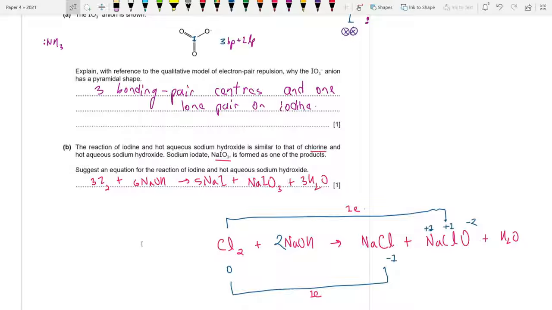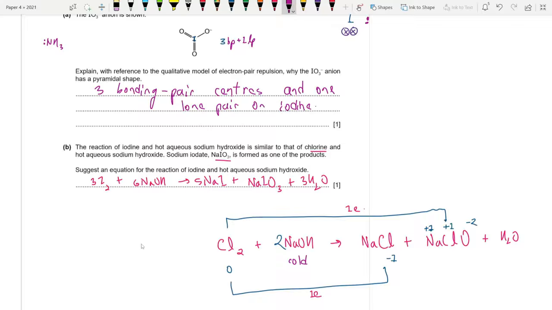When it reacts with hot NaOH, it forms the iodate 5 ion or the chlorate 5 ion basically. And when it reacts with cold NaOH, it basically forms chlorate 1.